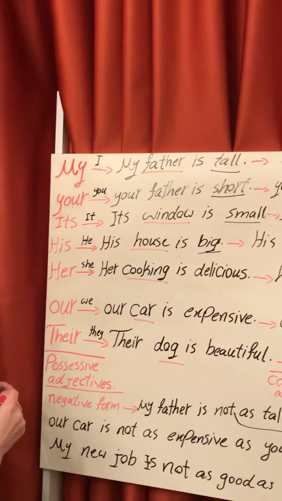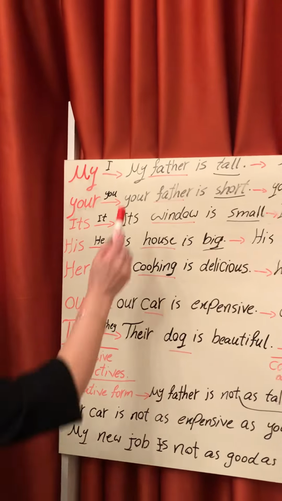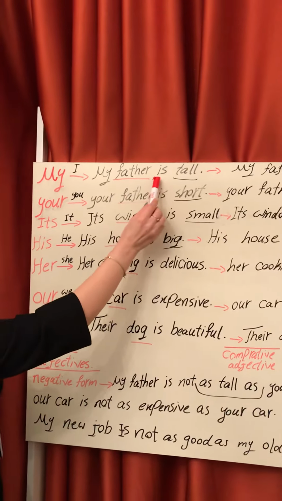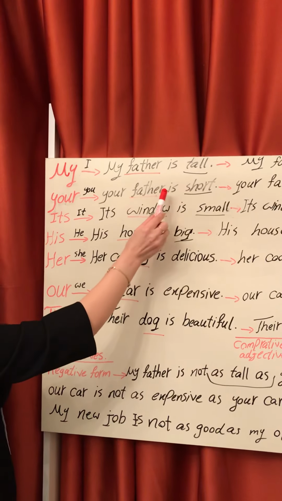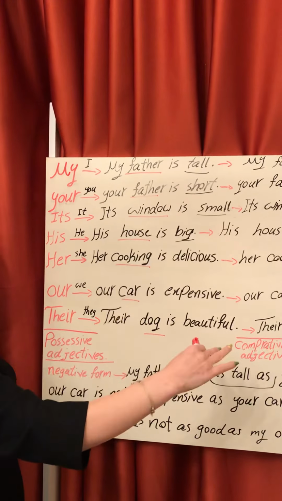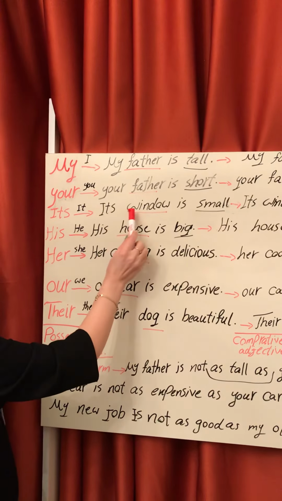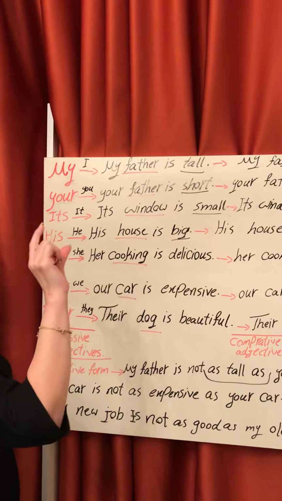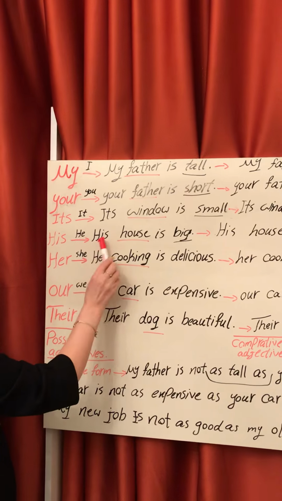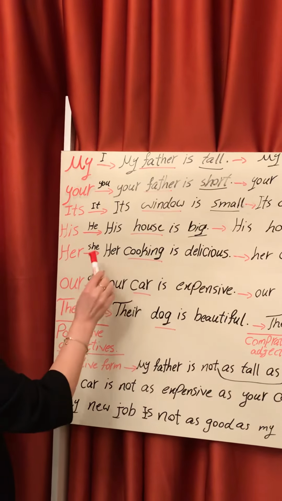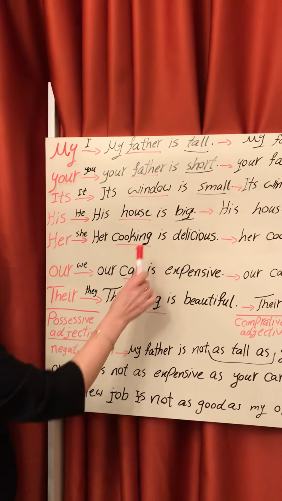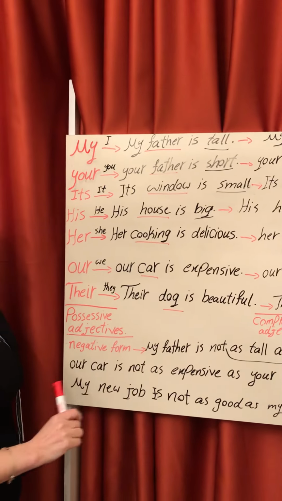So, to make a sentence: my father is tall. Your father is short. Its window is small. His house is big. Her cooking is delicious.